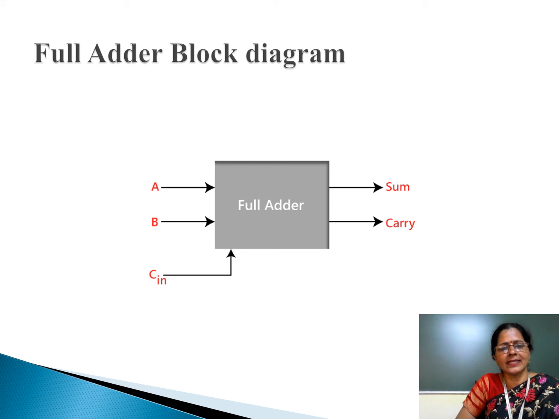In that case, the adder is called a parallel binary adder. While we are trying to perform addition of 2 binary numbers having more than 1 bit, it is not possible by the half adder and full adder.